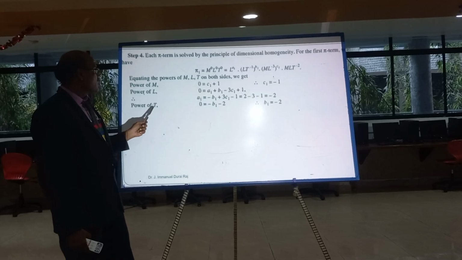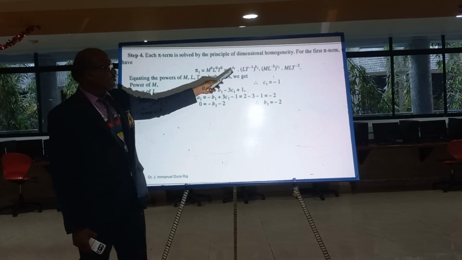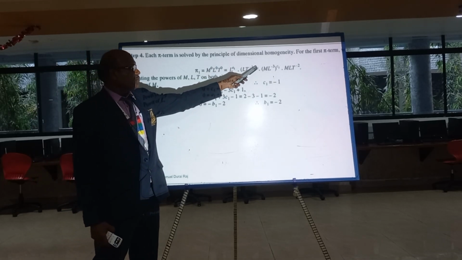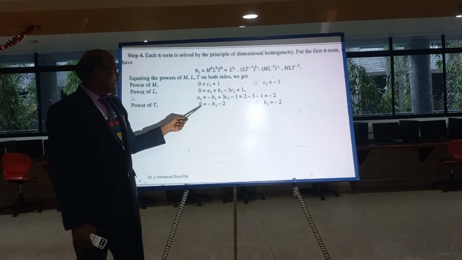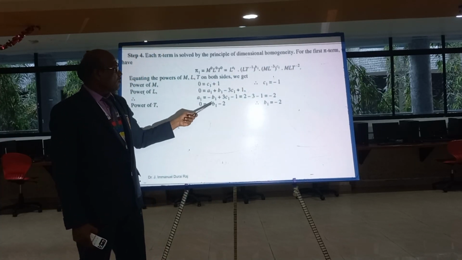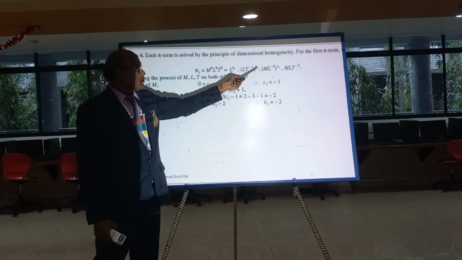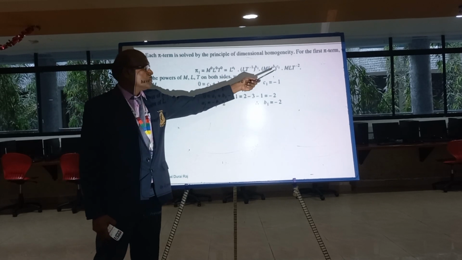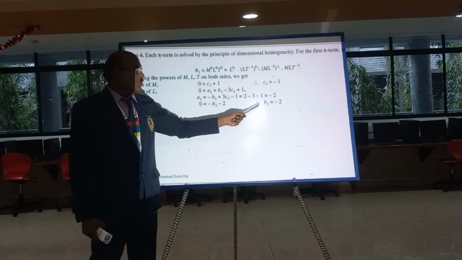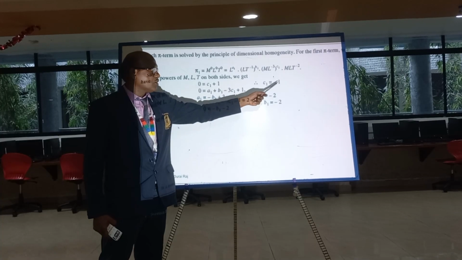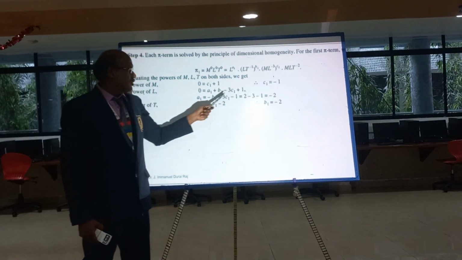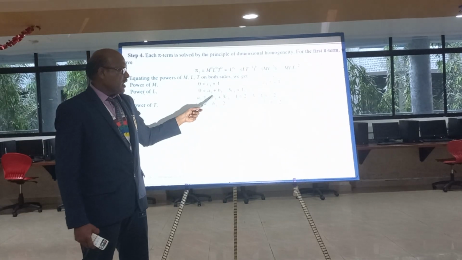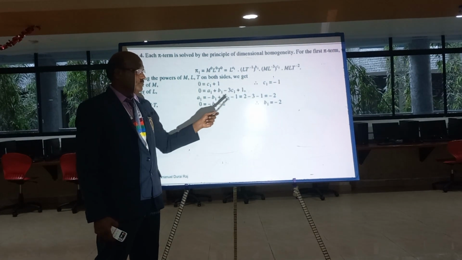For the powers of T: T power 0, T power minus B1, and T power minus 2. So 0 equals minus B1 minus 2, and from this I can find B1 equal to minus 2. Once you get C1 equal to minus 1 and B1 equal to minus 2, substitute these values into the earlier equation and you can find the A1 value also.